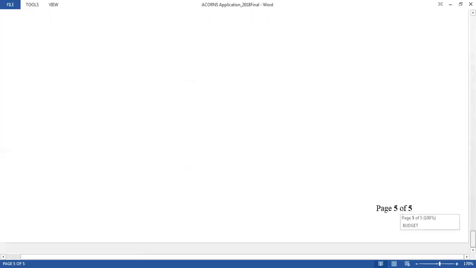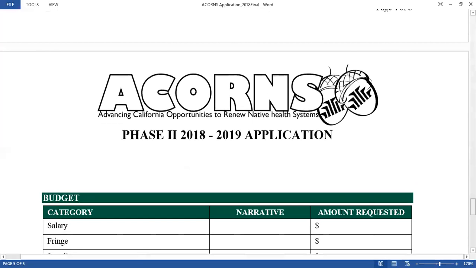So that is the complete part 1 of the ACORNS application. In addition to completing this application, you would complete the outcomes and evaluation template as well as the work plan template.